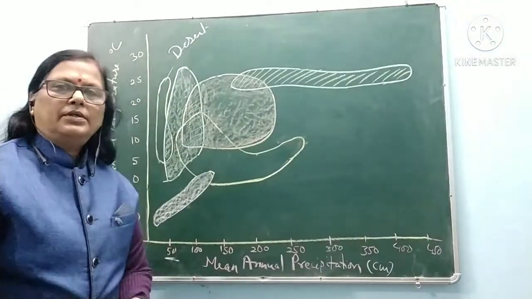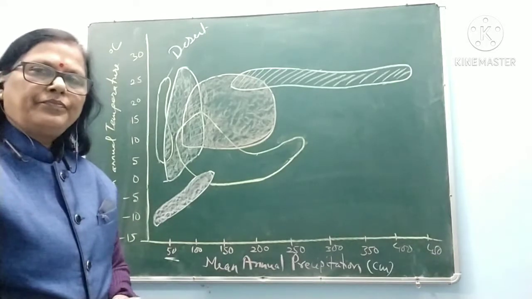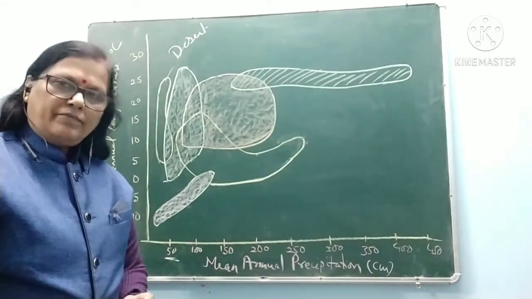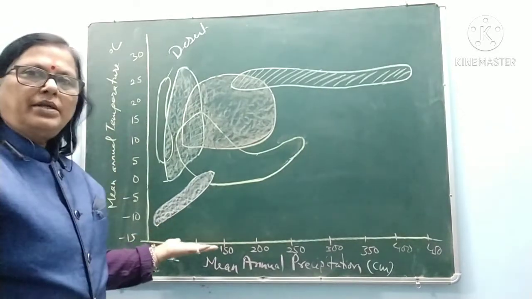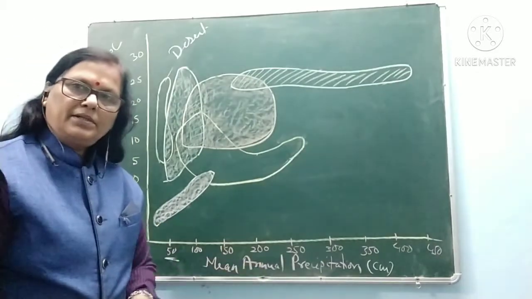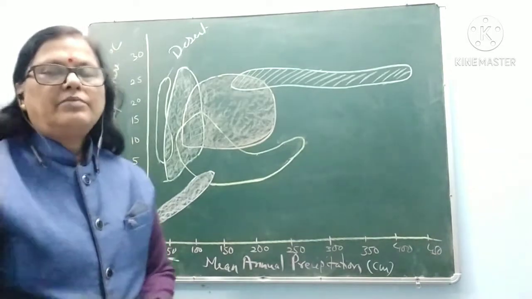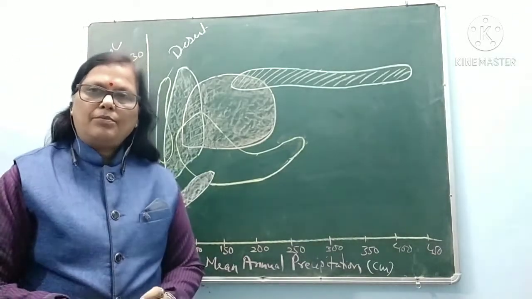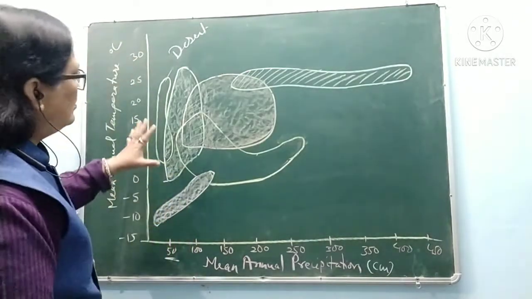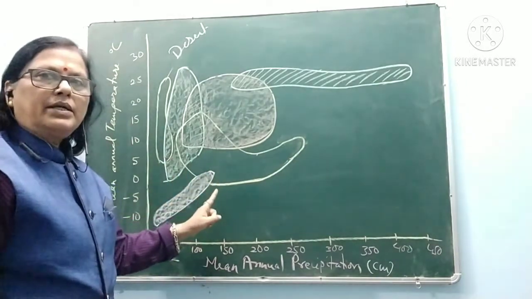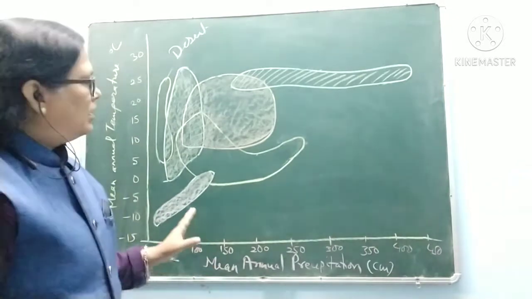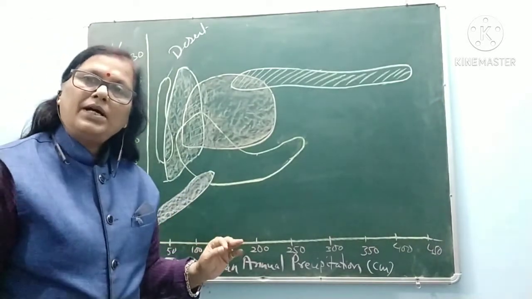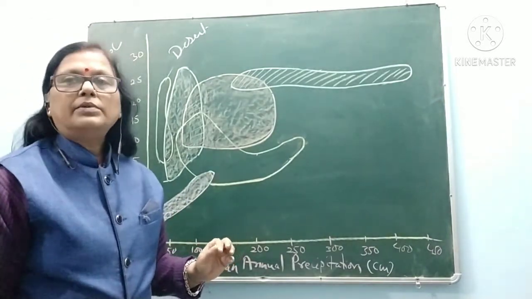Dear student, as I told you, 2 very important factors, mean annual temperature and mean annual precipitation, determine the formation of biome. Let us have a look on this diagram. It is very important diagram for you all from CBSE point of view as well as competitive point of view.